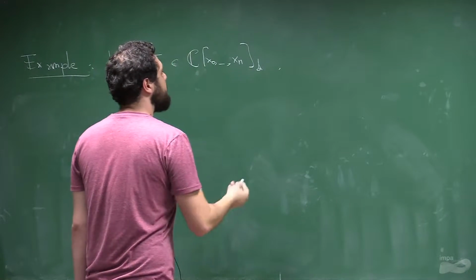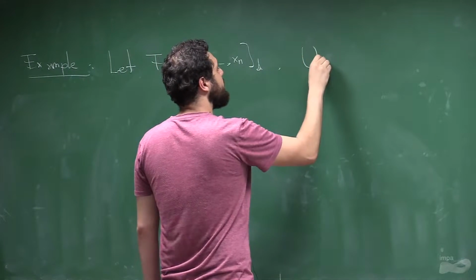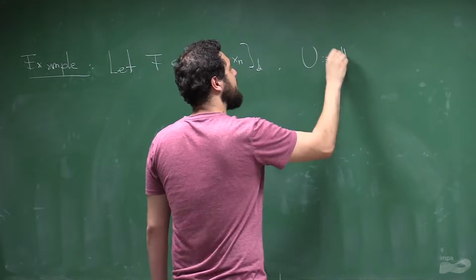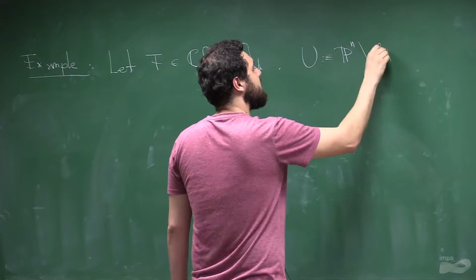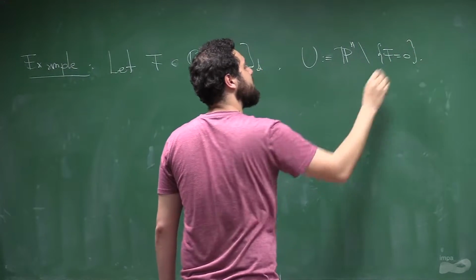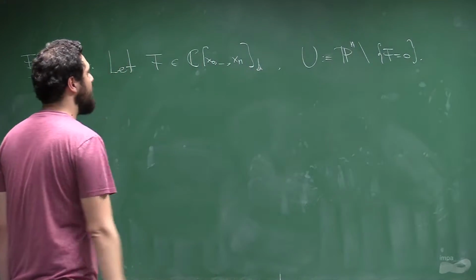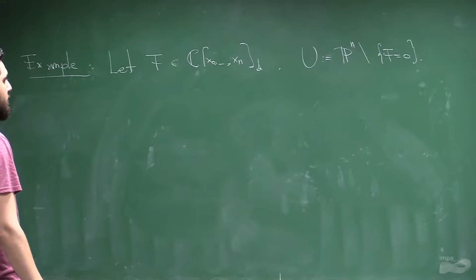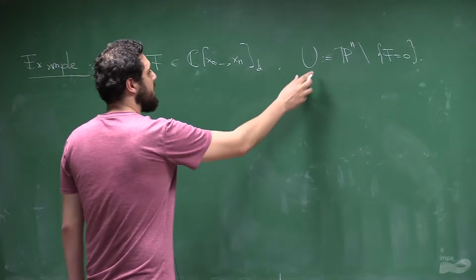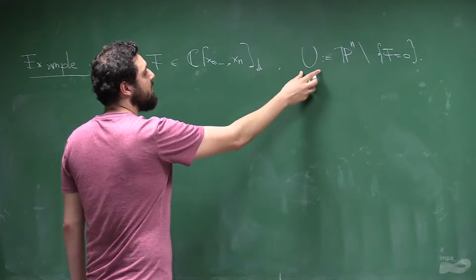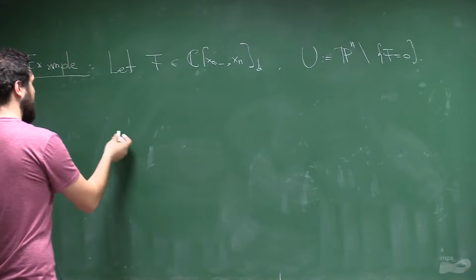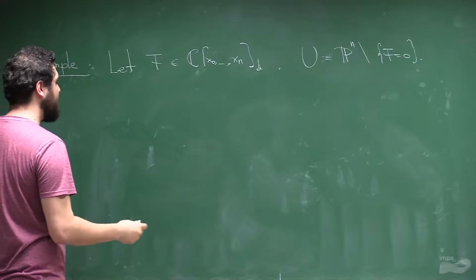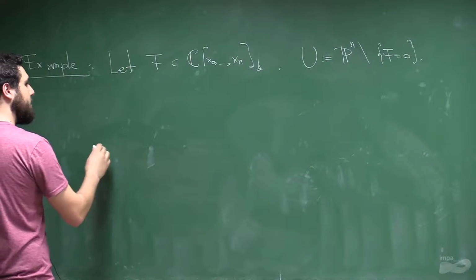And take U to be P^n minus the zero locus of f, okay? The smooth hypersurface defined by f. Okay, so in this case, we know that this is an affine variety, right? So the algebraic differential forms over U are the following, right?